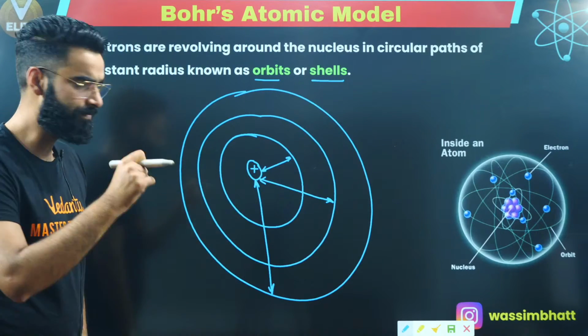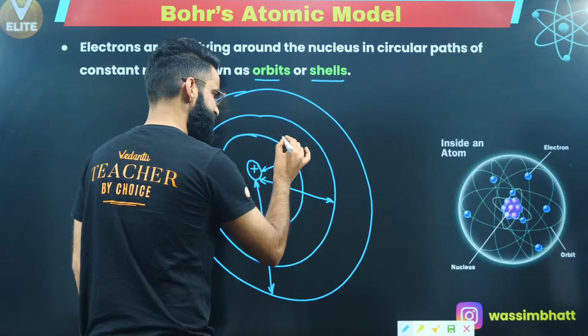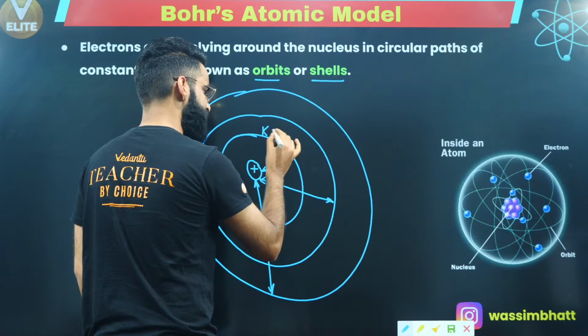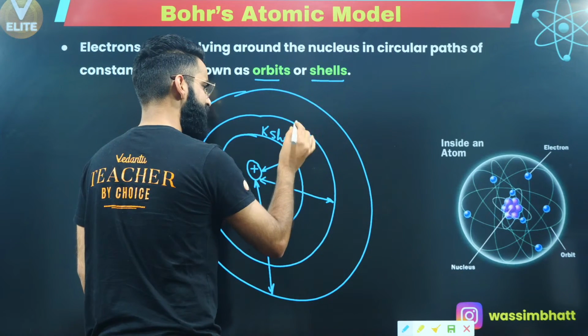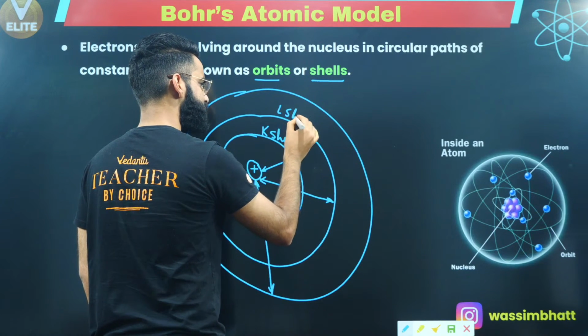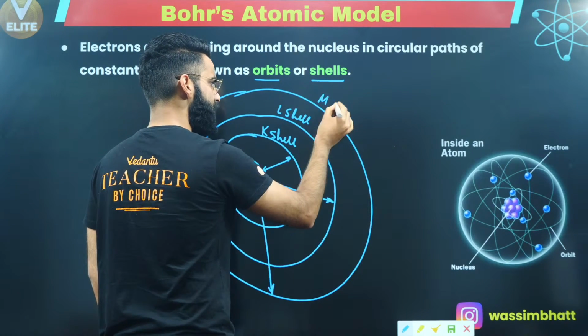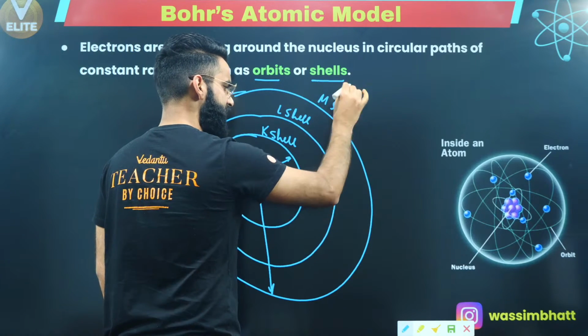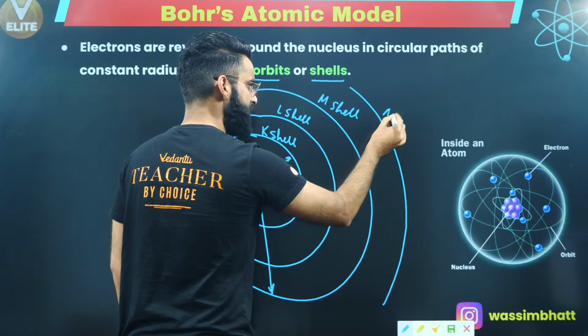And people, let me tell you, this is, for example, your first shell, and the first shell is called the K shell. The second shell in which the electron can move is called the L shell. Similarly, this is going to be your M shell, and the shell after this is going to be your N shell.